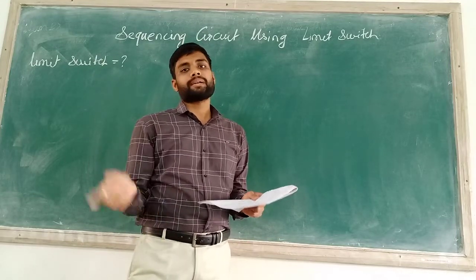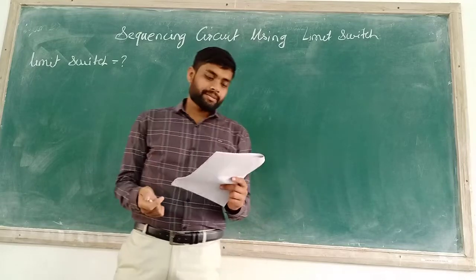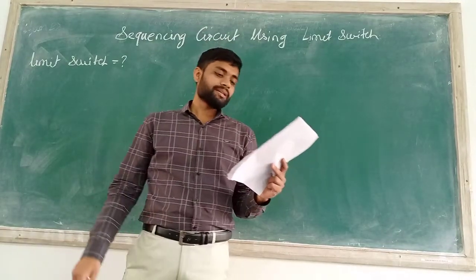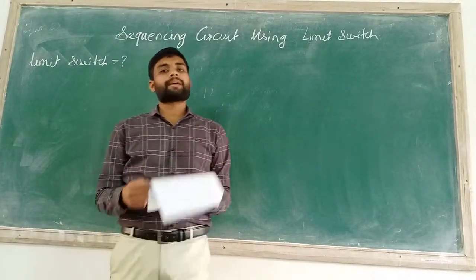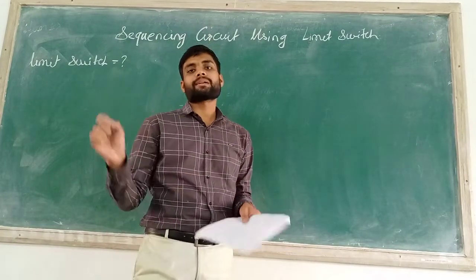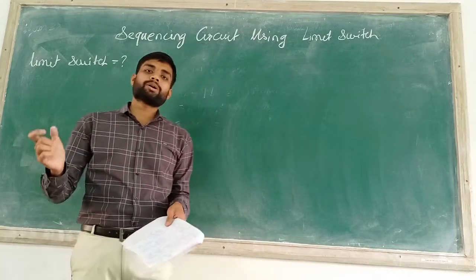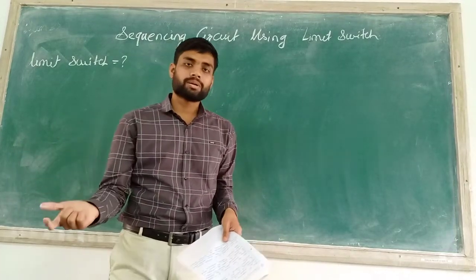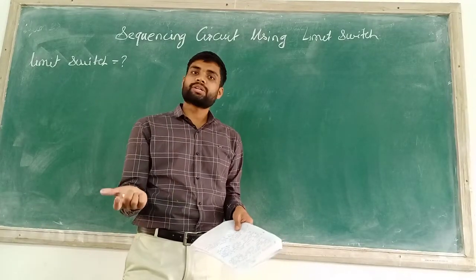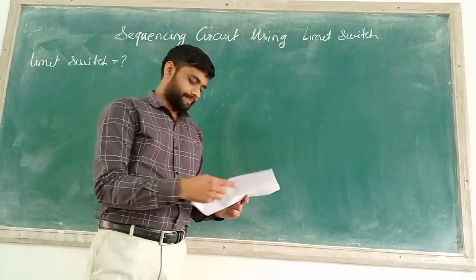How it is connected, we can get this complete idea in the circuit here. Again listen to me. A limit switch is an electrical switch which, when pressed by any other means, allows the flow of electric current through the solenoid operated direction control valve, and because of this the position of this direction control valve changes. How this position changes, we can understand in the circuit diagram.